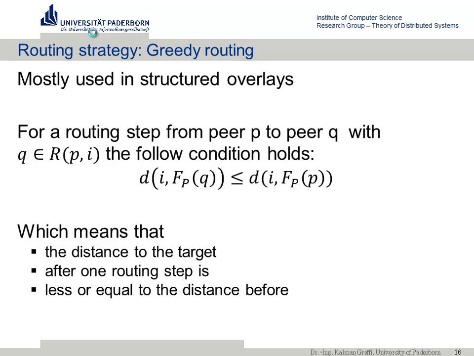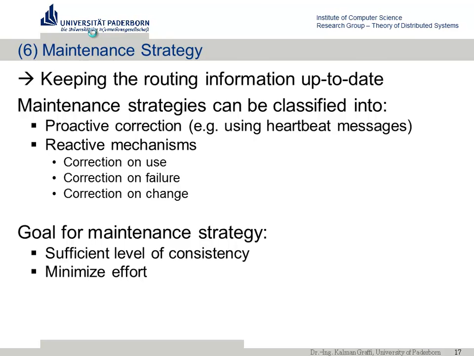So that means with the next hop, the distance to the desired identifier should be smaller than from the peer where you are currently sending the request from. So the distance has to be smaller or equal than before with every routing step. And with that, with time, you get to the node which is responsible for the content that you are looking for. And finally, the maintenance strategy.